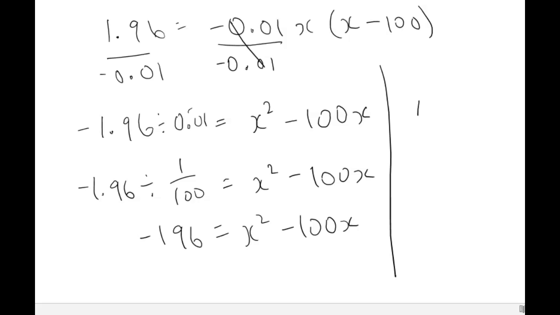I moved my decimal place 1, 2 spots. So that means I do the same with this one, 1, 2. This is easy because we're dividing by 1, but if it was 2 or 3, the working out would be the same. Whatever your number is, it's easier to deal with a whole number.